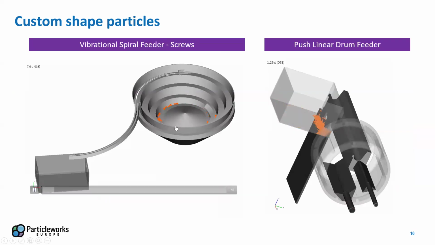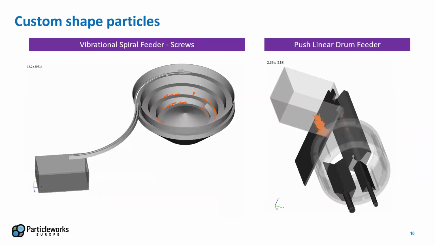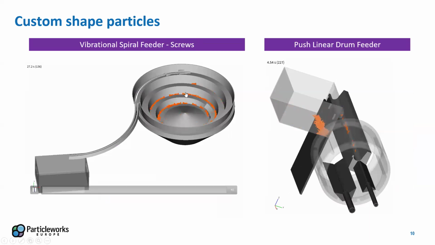Here is another example of that implementation. We have a conveyor and a vibrational feeder, where the objective is to select, in this case, bolts. It's a very custom shape, also anisotropic.